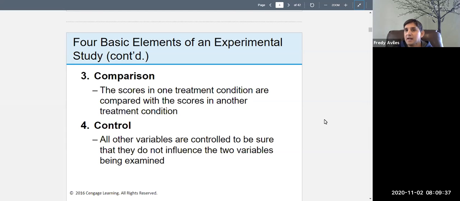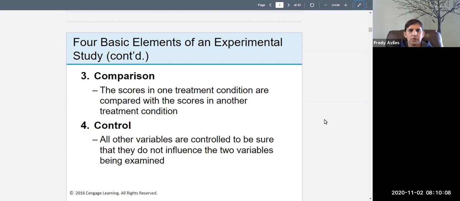Experiments are usually done in a laboratory that is a sealed off environment where we don't allow other things to happen. So while we're getting our participants drunk and then hoping that they become aggressive, we do not allow other things to happen, like their friends stopping by to distract them. Or we don't allow, for instance, music to be played that might also distract them. We don't allow anything else to have an effect.